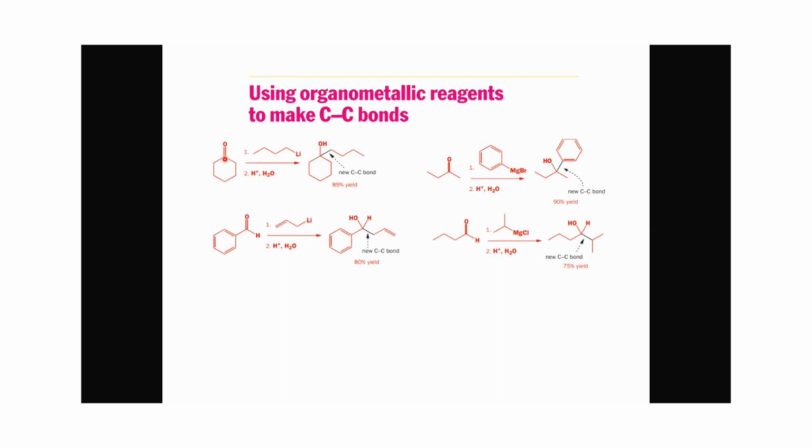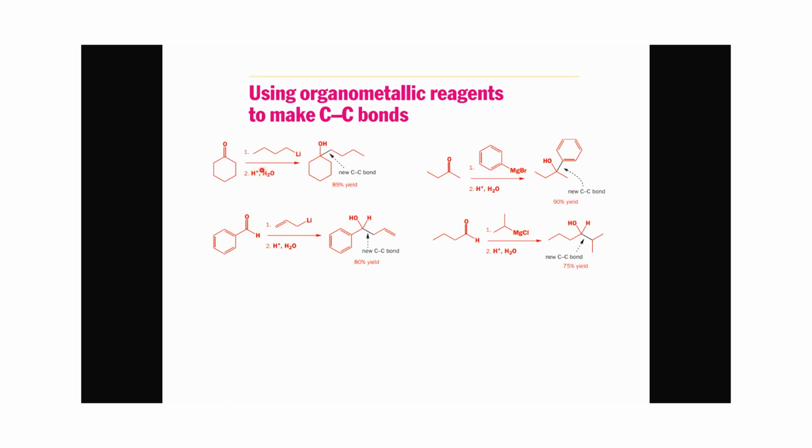The last class we told that there will be polarity here. Electron density will be higher here and this center can attack here. That's how a new bond is forming.